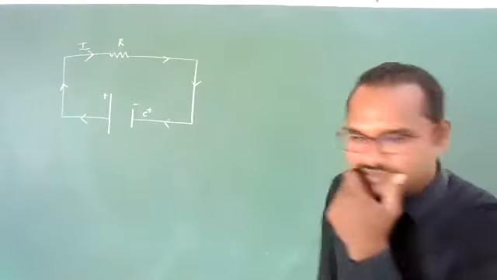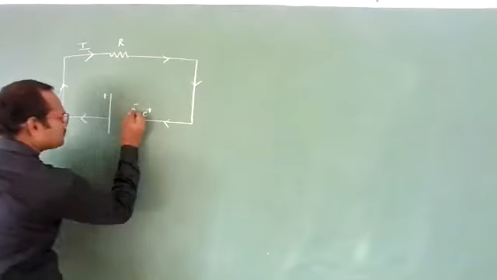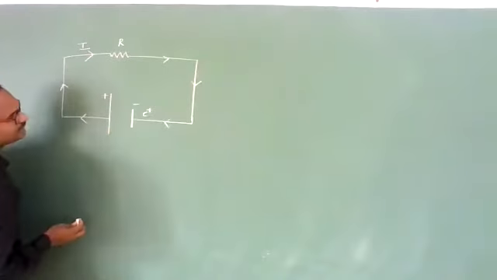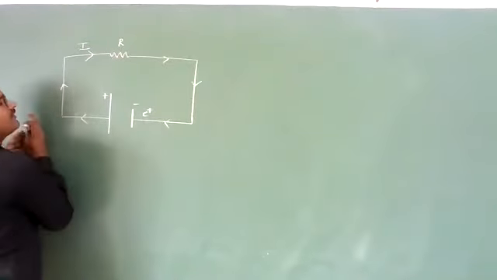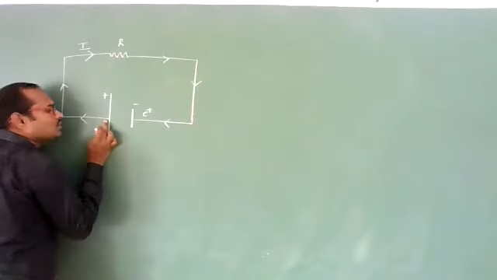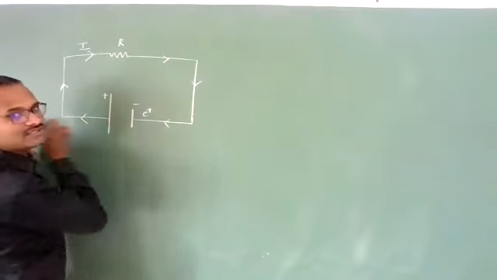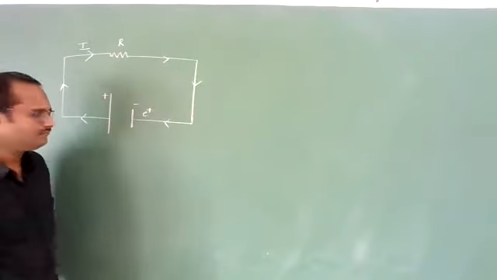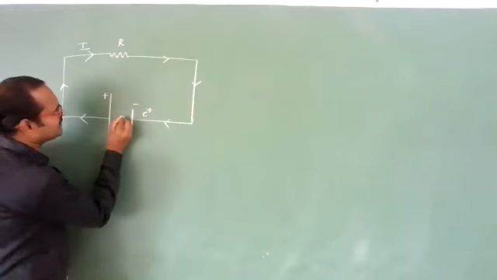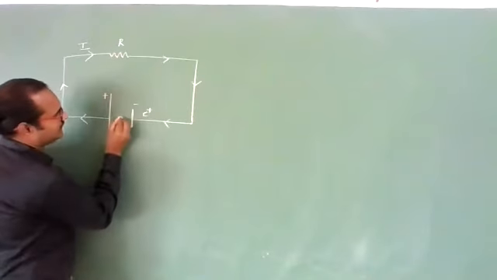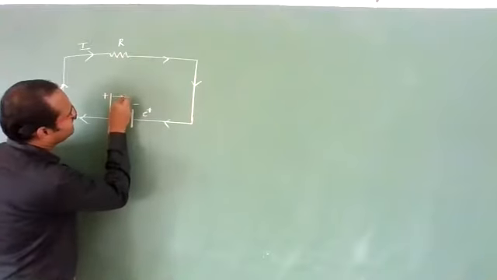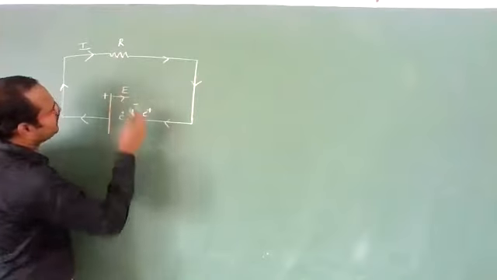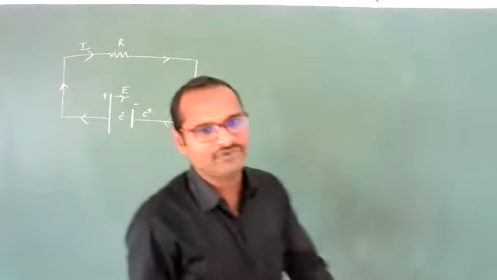See, students, when this positive charge comes to the negative terminal of the battery, to continue the flow of current, these electrons should reach the positive terminal. Once the charge enters into this battery, due to the electric field set up between the two terminals of the battery, a force will act.